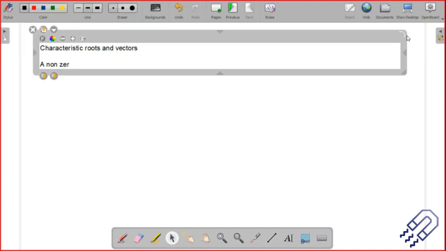Maybe I can write it this way: a non-zero vector x is defined as a characteristic vector of a square matrix A. The term square is important here.